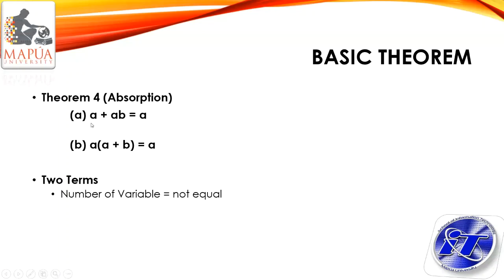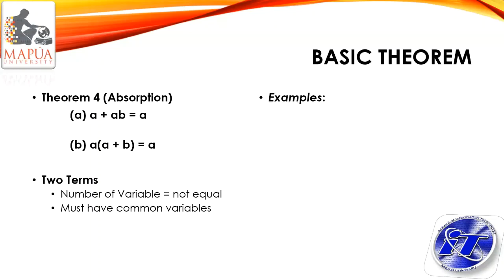Like in form A, we have 1 variable and 2 variables here, and there should be a common variable. So we have a common variable, which is A. The common variable will be the simplified version of the equation. Okay, so again, two terms not equal in size and must have a common variable, and the common variable will be the simplified version of the equation.